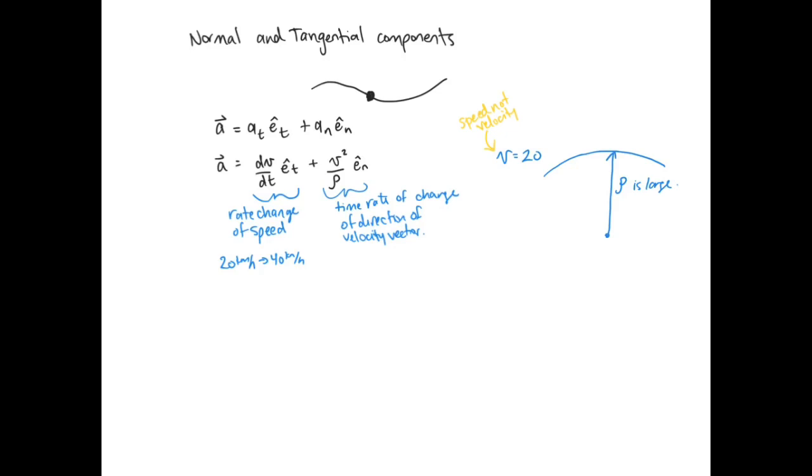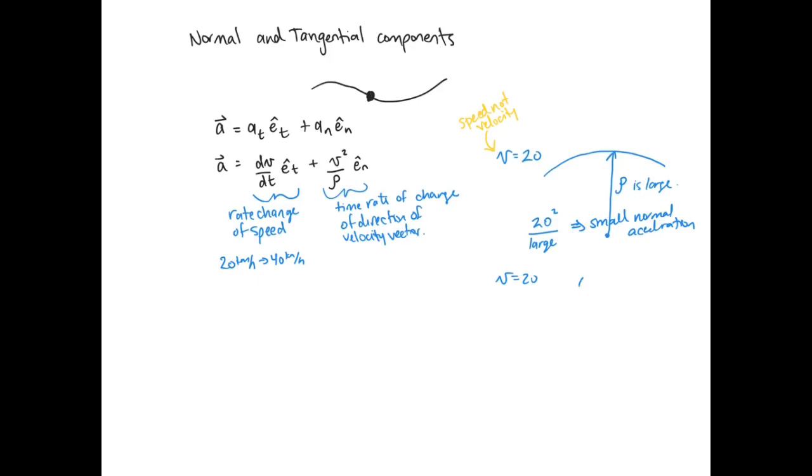In this case, the normal component of your acceleration will be 20 divided by a large number, which means you have a small normal acceleration. So you don't really feel that pull towards the center of curvature. But let's say you have the same velocity equal to 20, and you have a narrow turn.